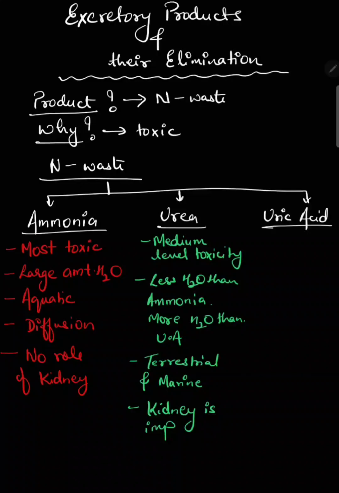Ammonia is not retained in the body because it is highly toxic, but some amount of urea can be retained in the body because urea helps in maintaining the osmolarity of the blood. So some amount of urea is retained in the body. Urea is not so harmful that it cannot be retained.